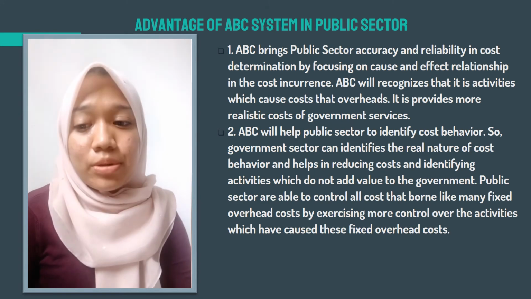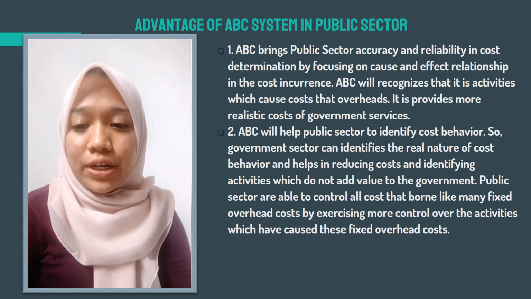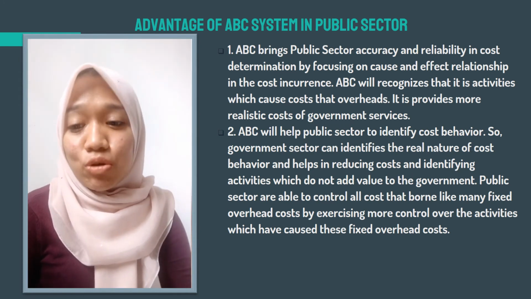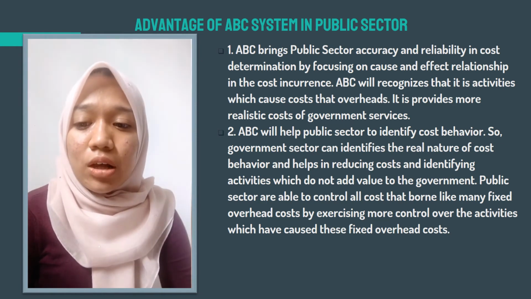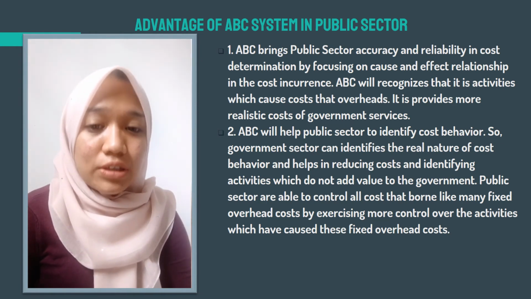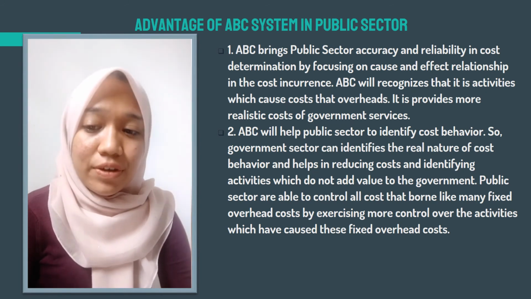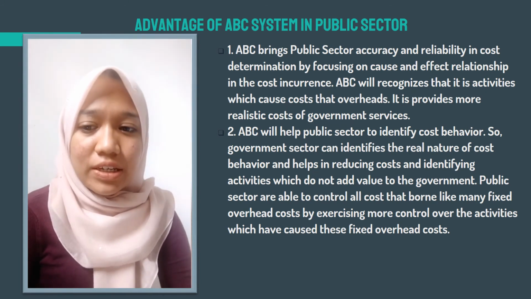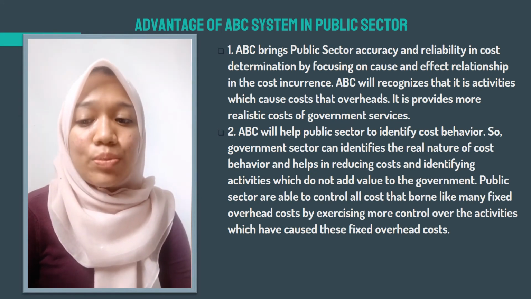The public sector is able to control costs like many fixed overhead costs by exercising more control over the activities which have this fixed overhead cost. This is possible since the behavior of many fixed overhead costs in relation to activities now becomes more visible and clear.